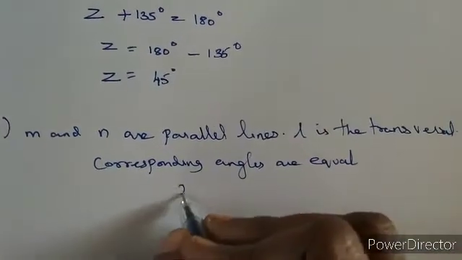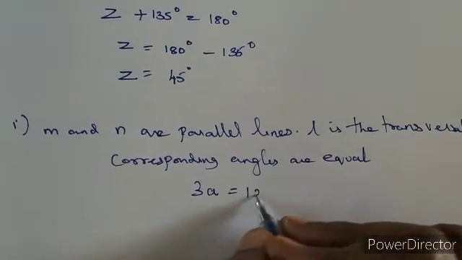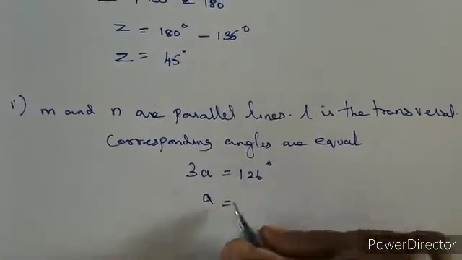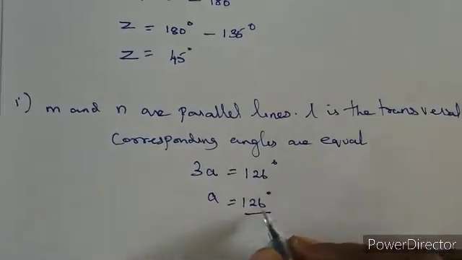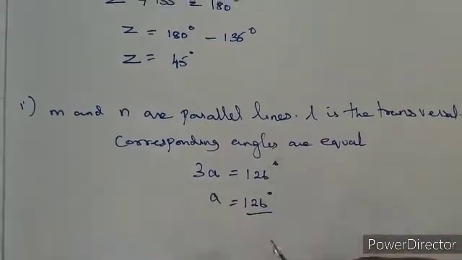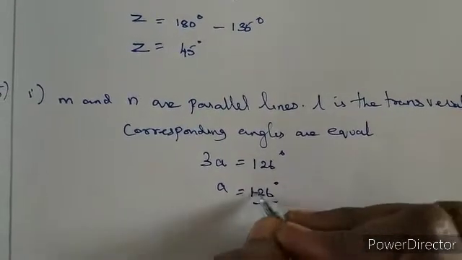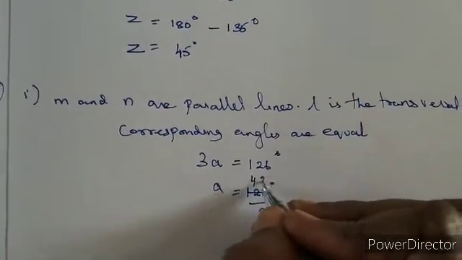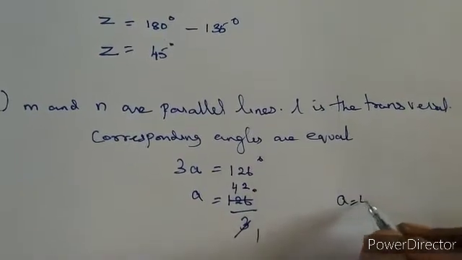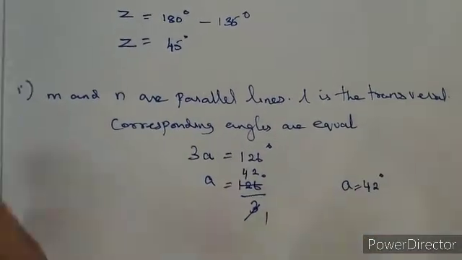So the angle 3A is equal to 126 degree. So A equal to 126 degree divided by 3, transposition of multiplication is divide. If you simplify the sum, 3 ones are 3, 3 fours are 12, so A equal to 42 degree.